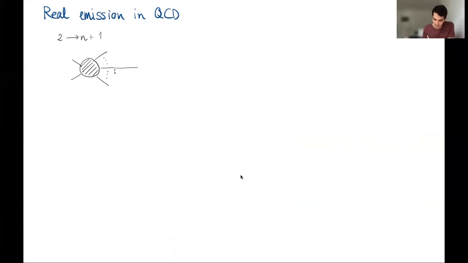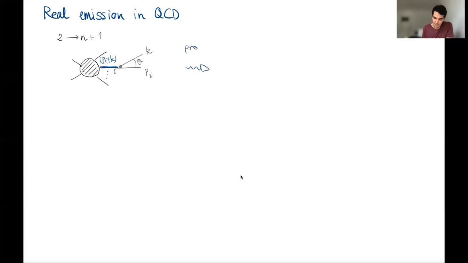So we keep particle p_i, but we consider the emission of a parton k from this at an angle theta, let's say. What happens is then that this propagator here goes off shell in a way. So it's p_i plus p_k, the momentum flowing.